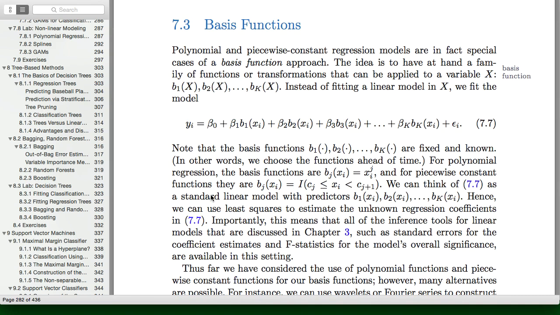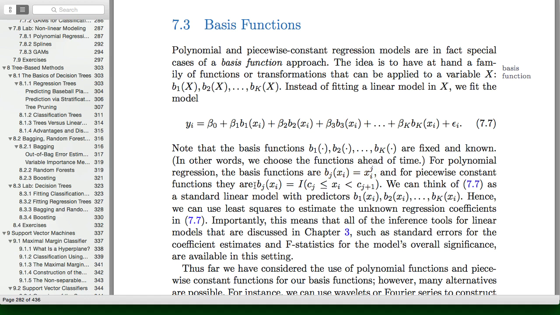So both polynomial and step functions are examples of basis functions. Here's a more general form that both of those followed. If we think about polynomial regression, look at each term here: bj of xi is equal to xi to the jth power.